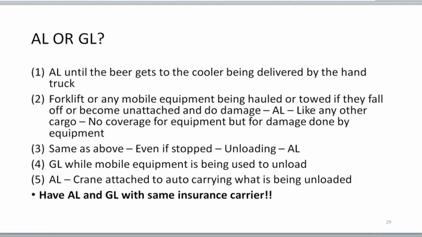Even if stopped while the forklift's being unloaded, it's still auto. However, it's GL when the mobile equipment is being used to unload, meaning once we get the forklift on the ground, start unloading the sod, and then run over the mailbox, damage the mailbox, it hits the car next to it, the oil leaks, then all that becomes GL coverage.